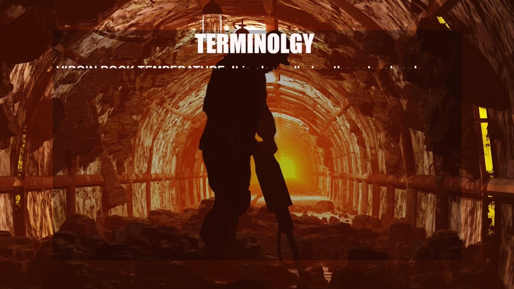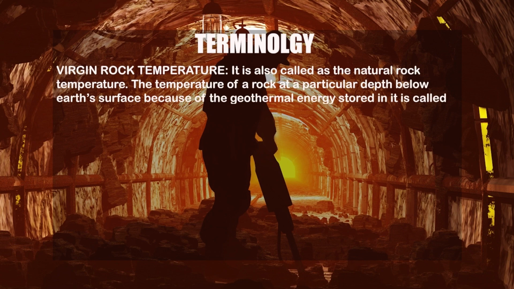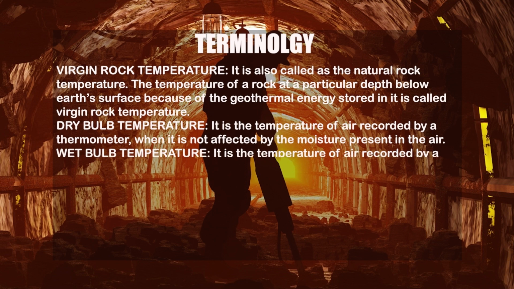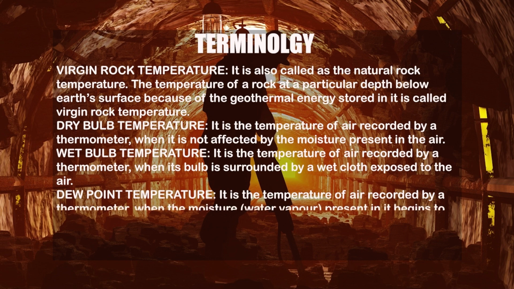Virgin rock temperature. It is also called natural temperature. This is the temperature of rock at a particular depth, at a particular place, or in a particular locality. The temperature of rock at a particular depth below Earth's surface, because of the geothermal energy stored in it, is called virgin rock temperature.